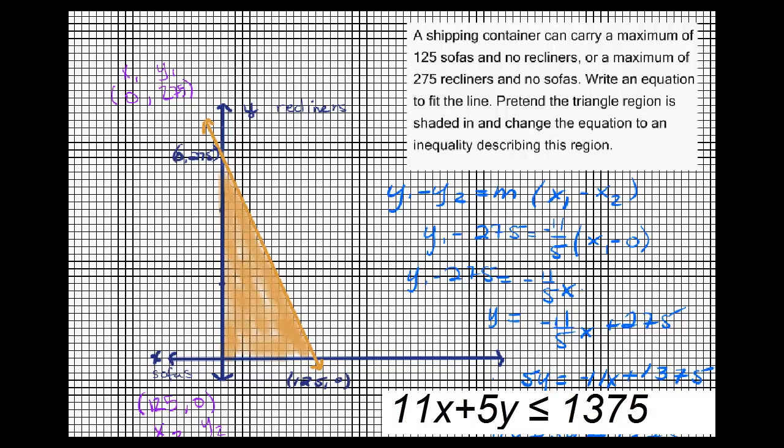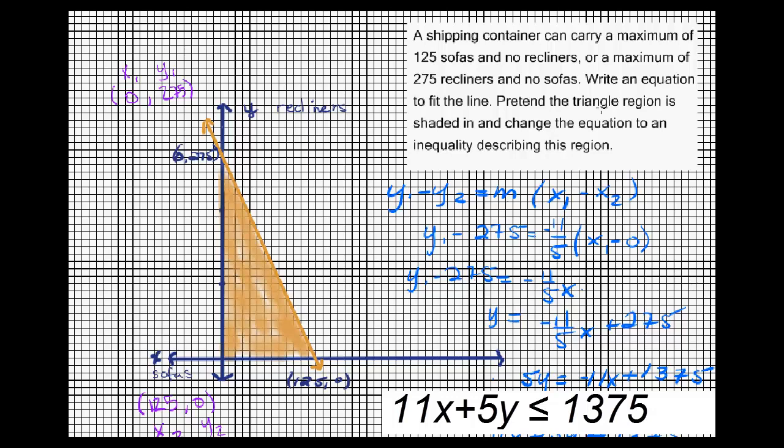Now we've been asked to use this inequality that we just created, 11x plus 5y less than or equal to 1375, to evaluate a couple of other scenarios. The first scenario is, will the shipping container hold 80 sofas and 200 recliners? Or in other words, is the point (80, 200) in the solution region?